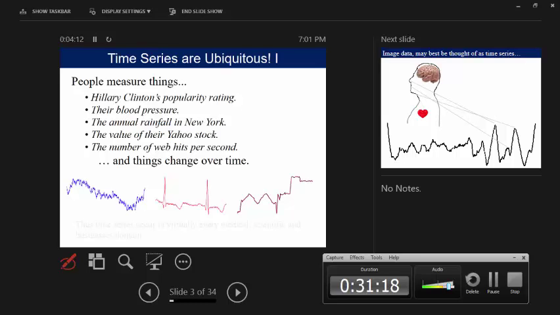So annual rainfall in New York, the value of Yahoo stock price, the number of web hits per second depending upon time, right? So all the data that we consider interesting is time series data. Therefore, any patterns that you can eventually describe will be related with time.